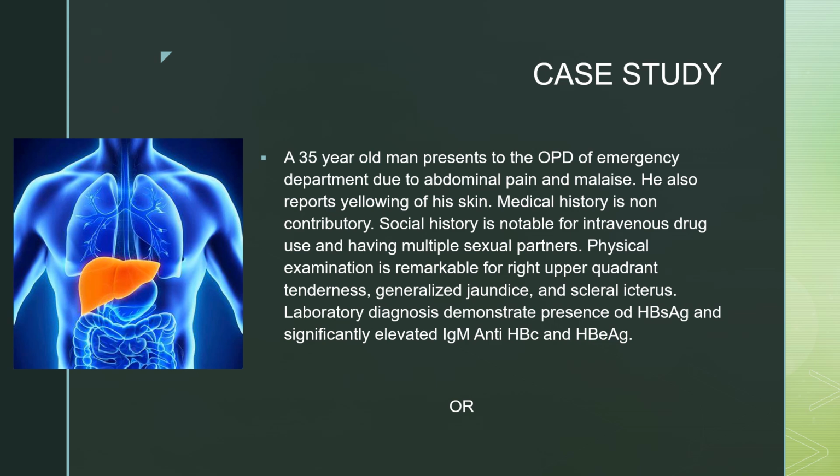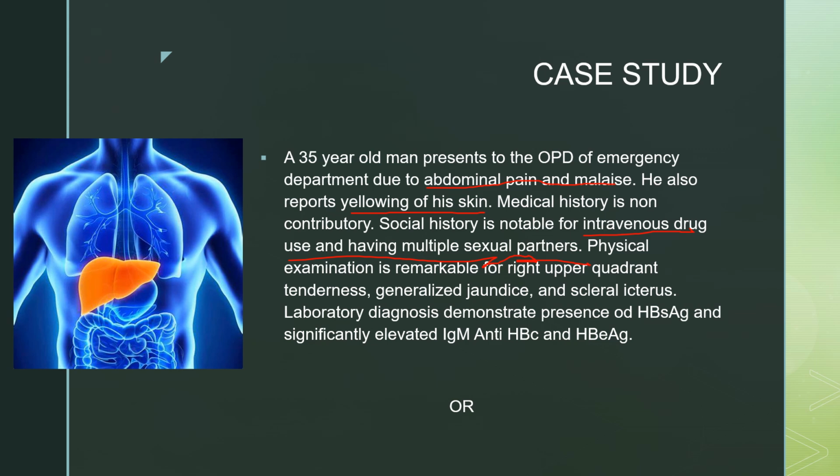Now let's go to the case study. A 35-year-old man presents to the OPD or emergency department with abdominal pain and malaise. He also reports yellowing of his skin. Medical history is non-contributory. Social history is notable for intravenous drug use and having multiple sexual partners.